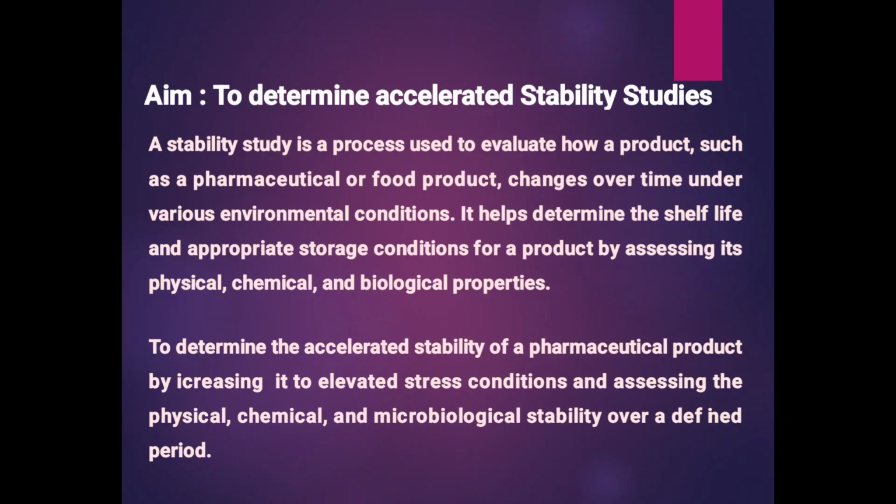So an accelerated stability study determines the stability of a pharmaceutical product by elevating the storage conditions, meaning increasing the temperature, and assessing the physical, chemical, and microbiological stability over a defined period. These studies are carried out at different temperature conditions to evaluate whether the product is stable or not.